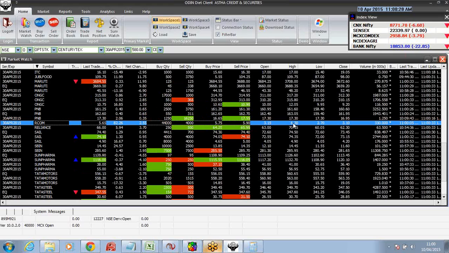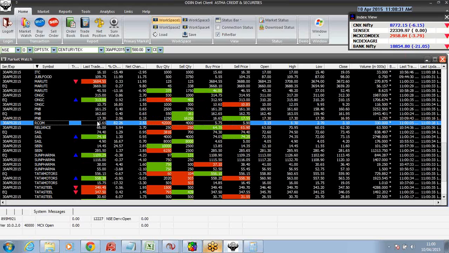You can see that RCom even made 6 rupees 30 paise.